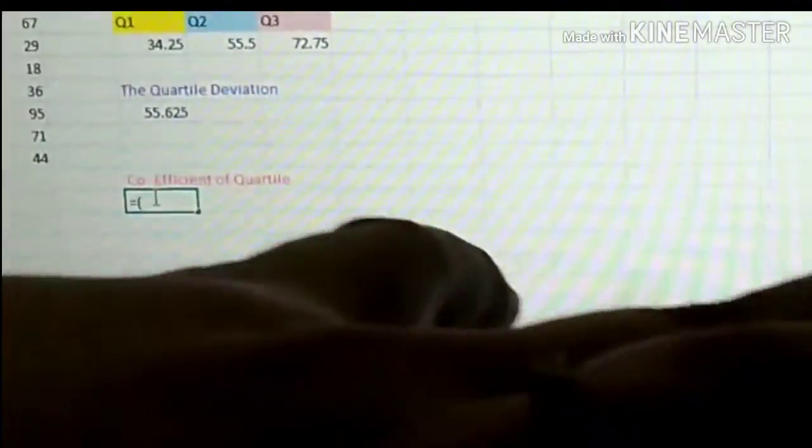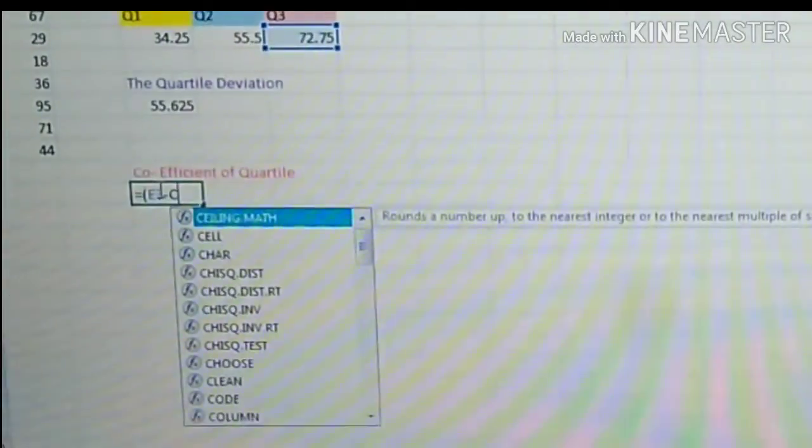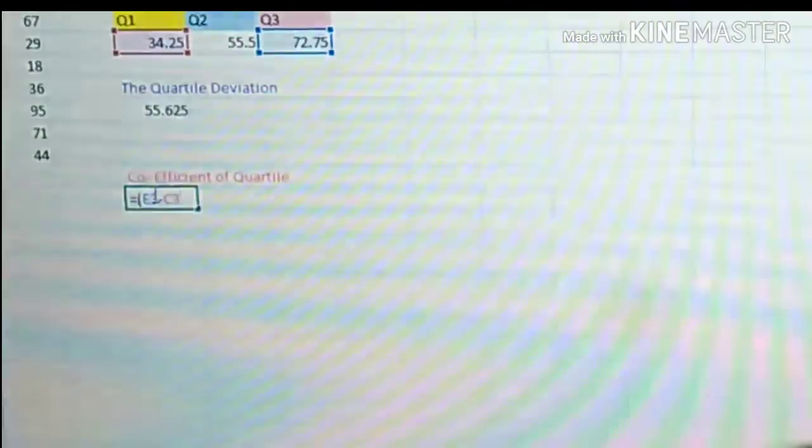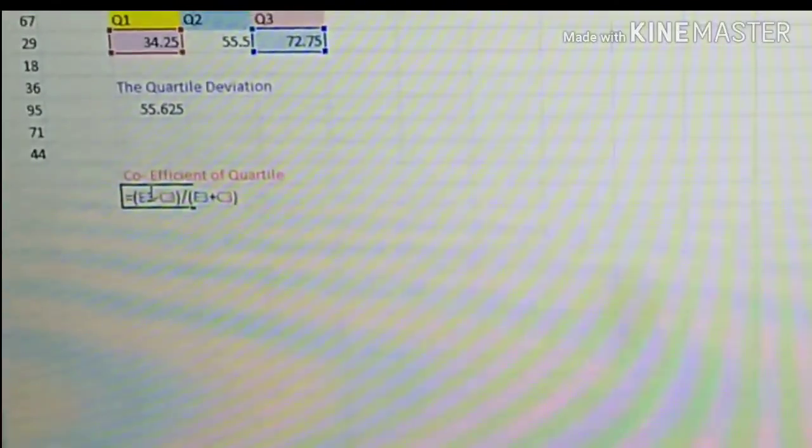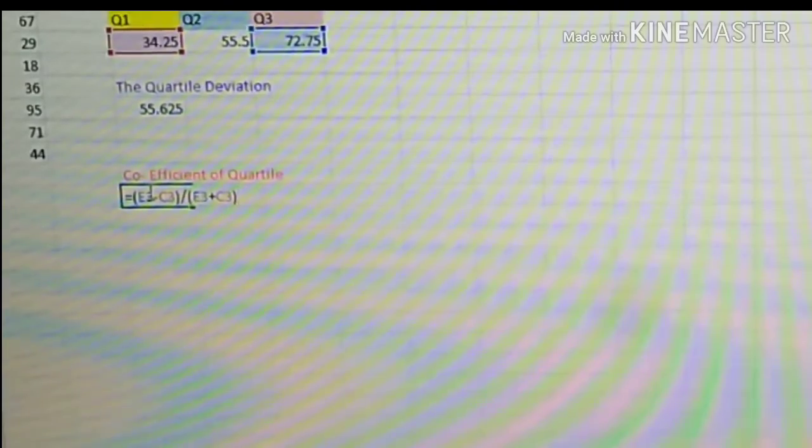To get the coefficient, we will input this formula: equals open parenthesis, E3 or quartile 3, minus C3, close parenthesis, divided by open parenthesis E3 plus C3, then close parenthesis.